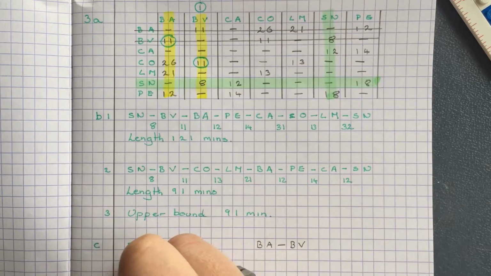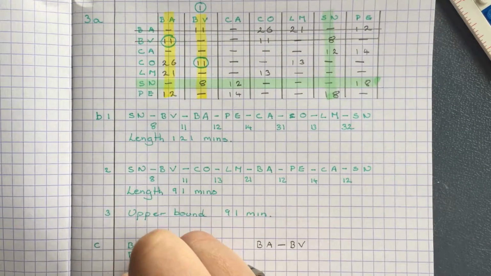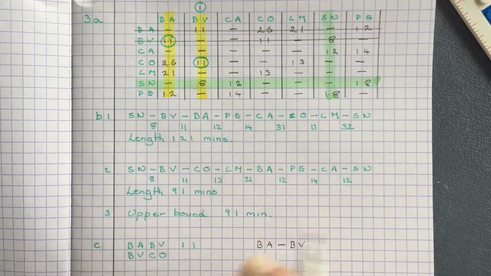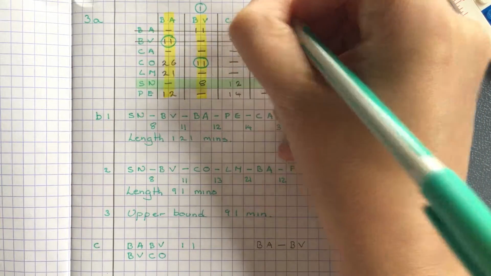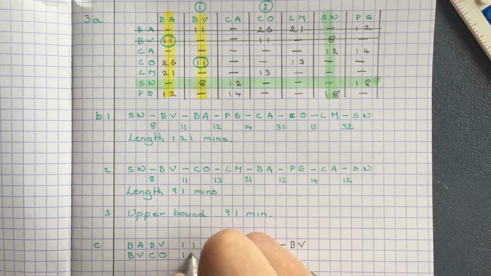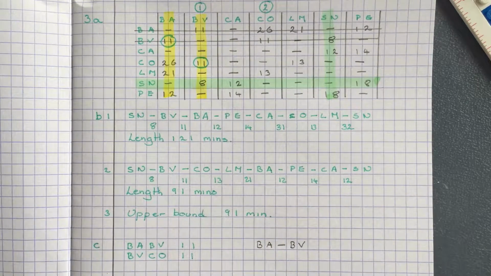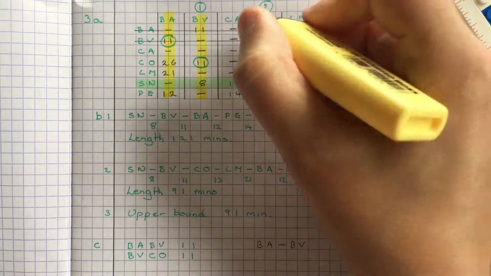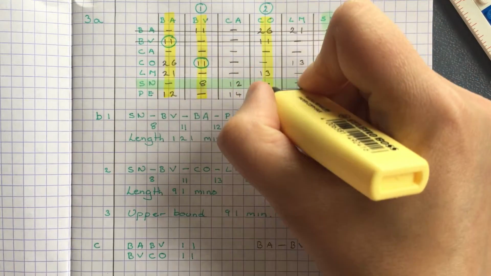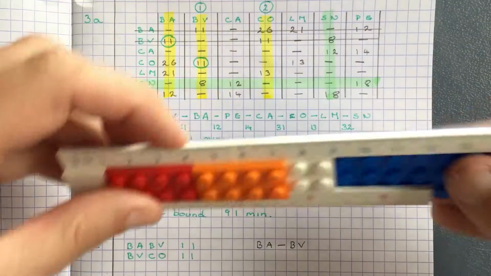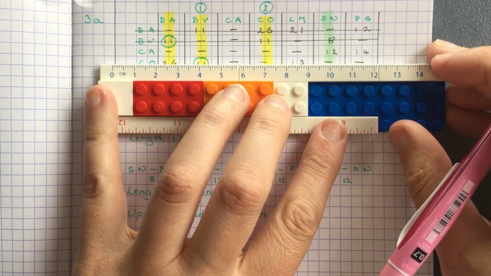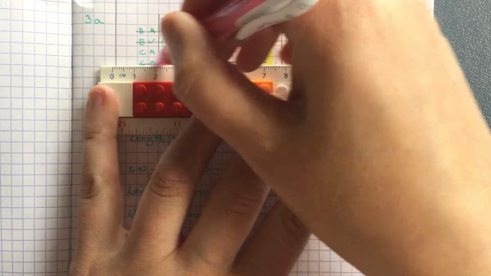That would be BV going to CO. That's the second one that we've chosen. It was also 11. So we highlight that one and we cross it out, so that we don't accidentally go back there.